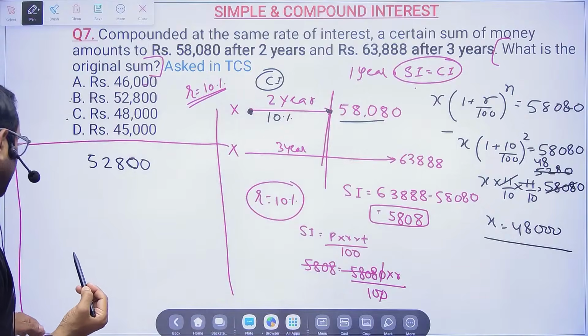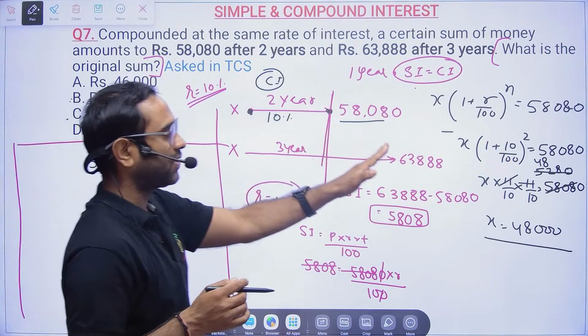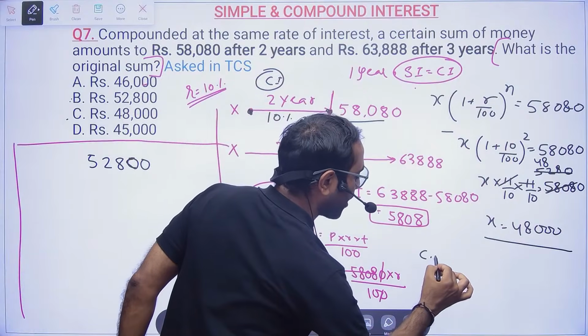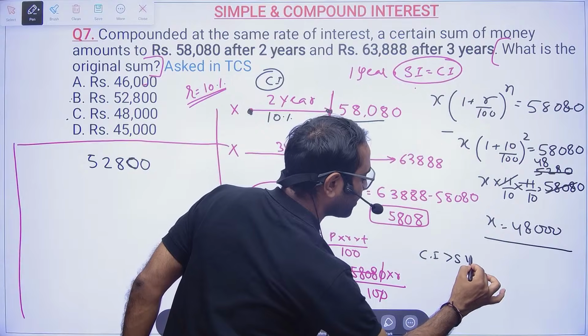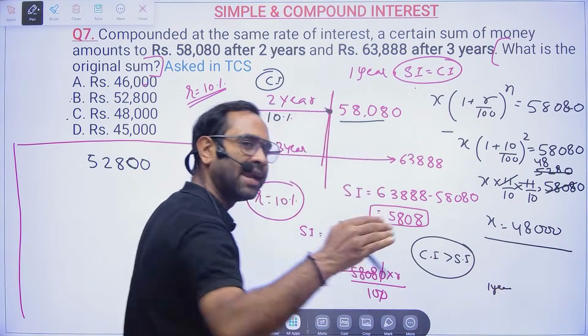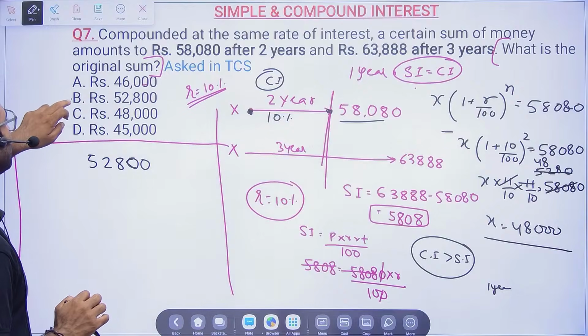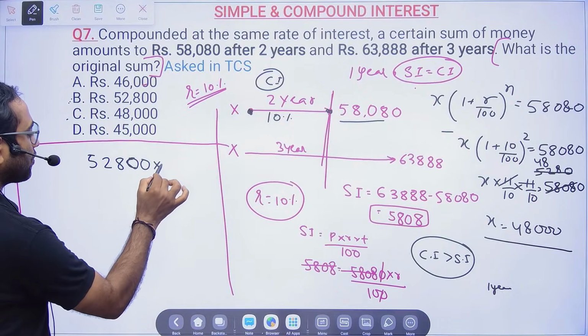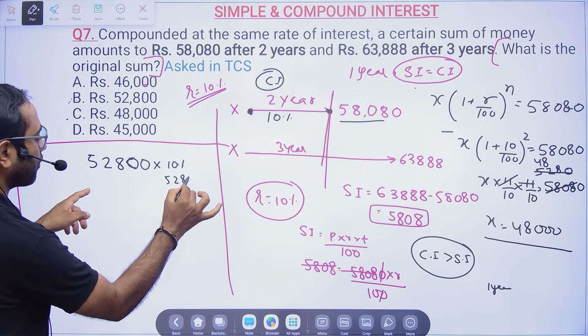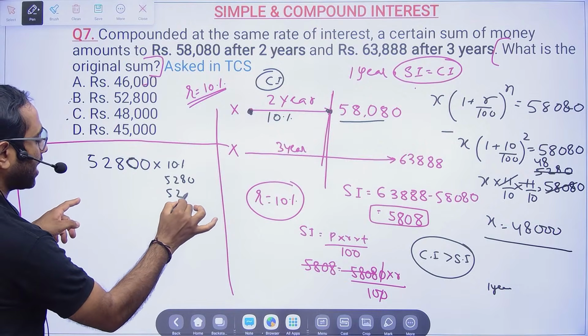Now what I am telling is, you have to calculate the compound interest, and your compound interest will always be greater than simple interest for more than 1 year. Now if I take this option, 10% will be 5280 for 1 year, and again for one more year 5280.